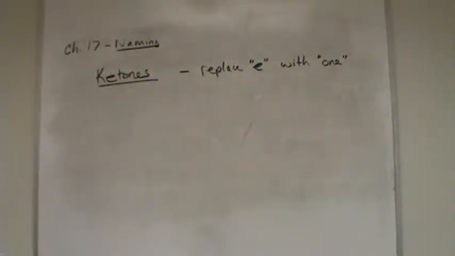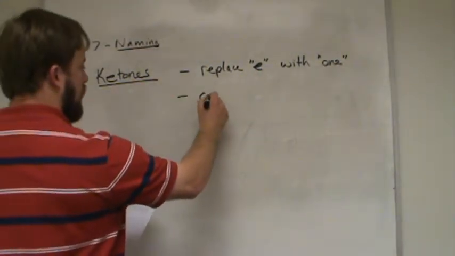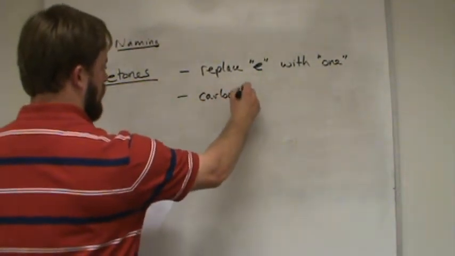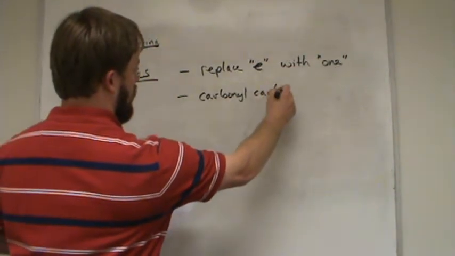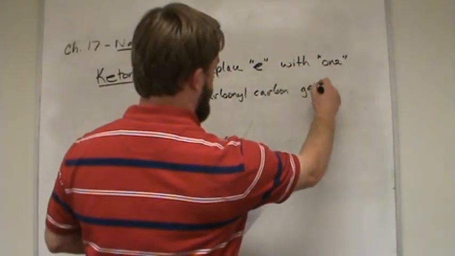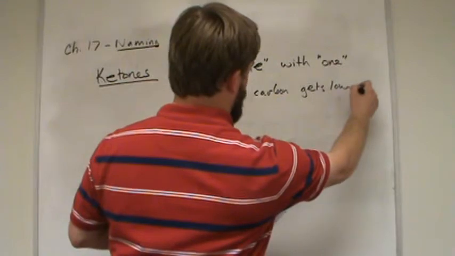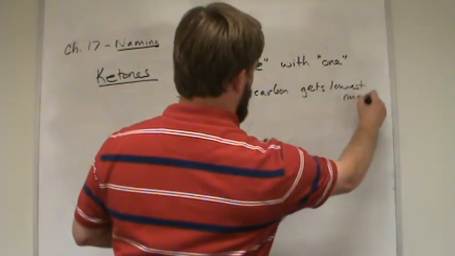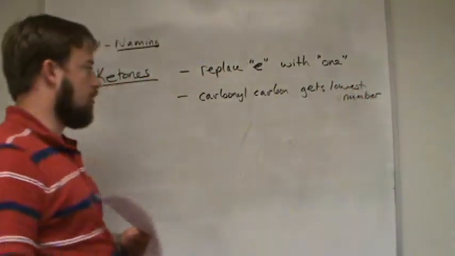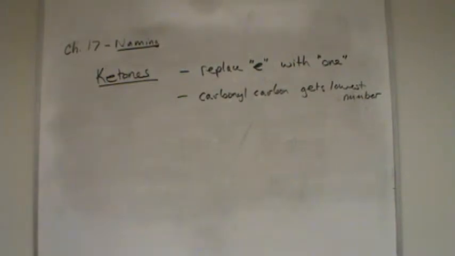Replace E with O-N-E or one. You number the chain, so the carbonyl carbon gets the lowest number. So we number in such a way that our carbonyl carbon gets the lowest number it can in the longest chain.